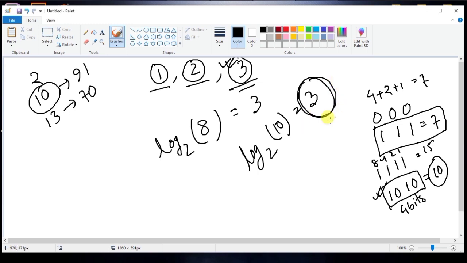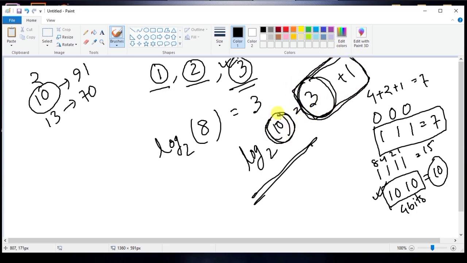So we have to calculate the log value first, then add 1 to the result to get the number of bits we require to represent a value here.